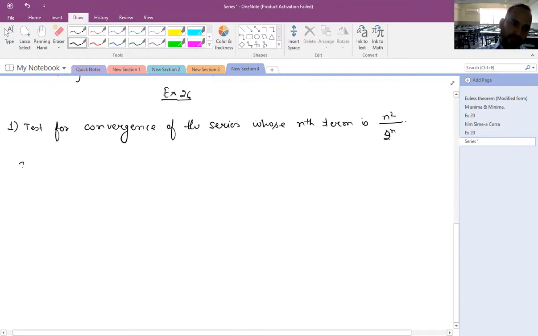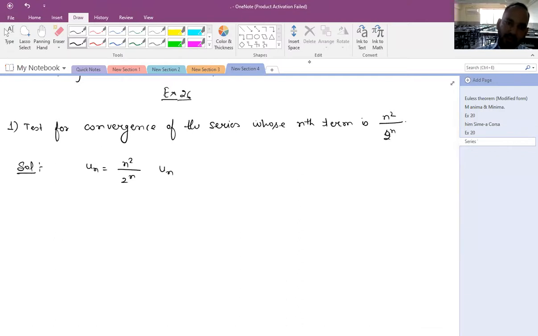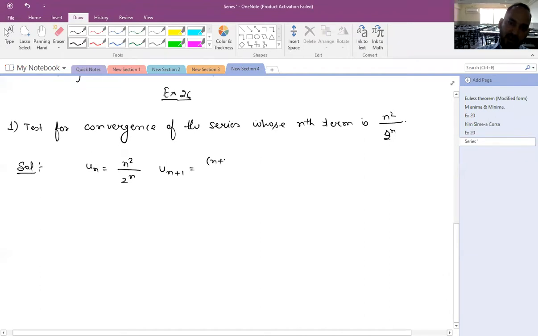So the nth term of the series is given to you: n square upon 2 raised to n. So the n plus 1th term will be n plus 1 whole square upon 2 raised to n plus 1.